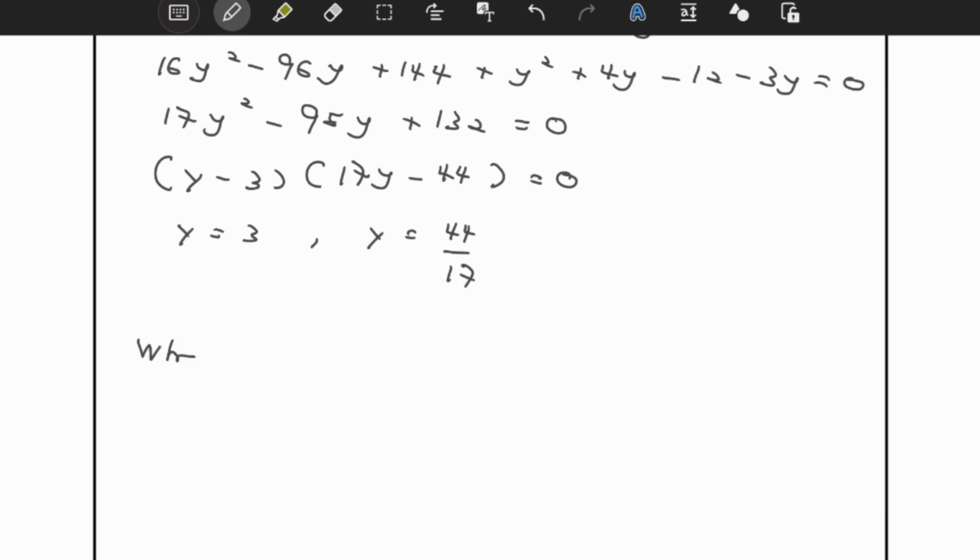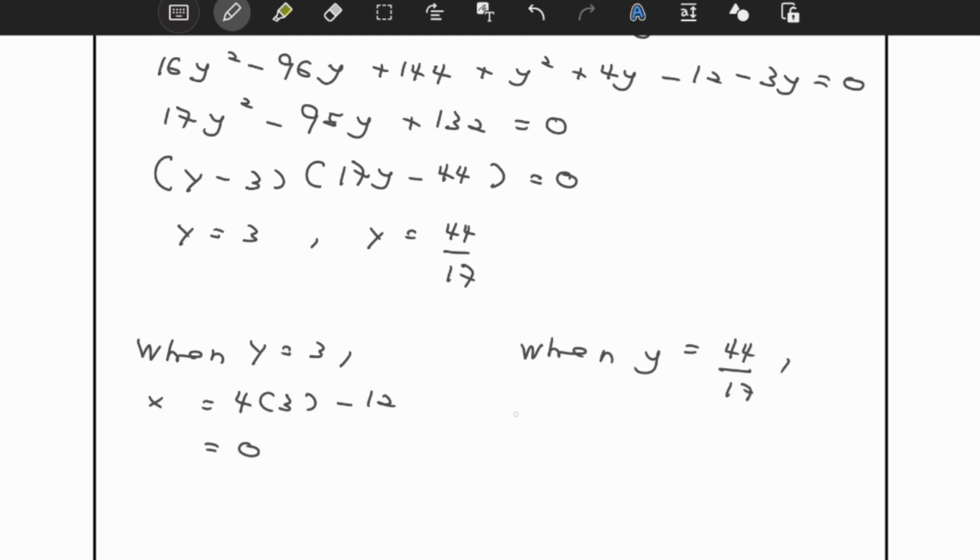When y equals 3, x equals 4 times 3 minus 12, so I get 0 here. And the other value, when y equals 44 over 17, our x will be 4 times 44 over 17 minus 12, which is negative 28 over 17.